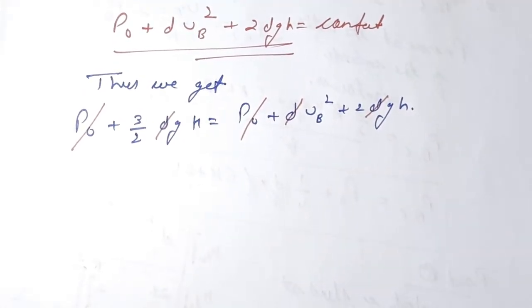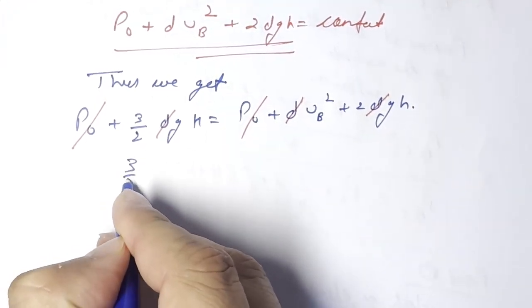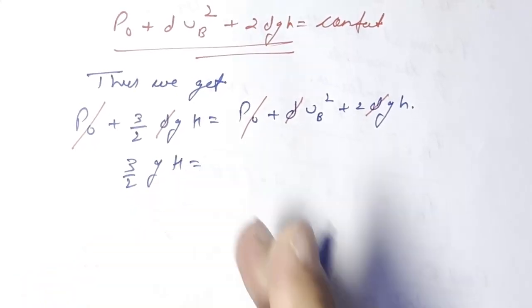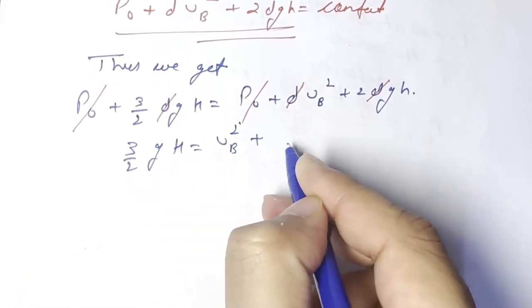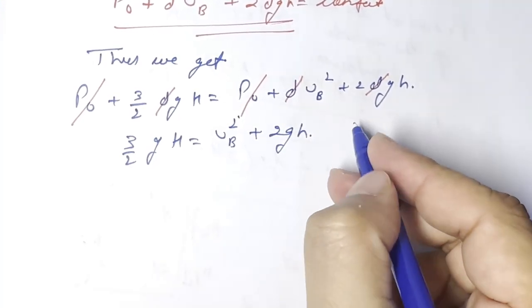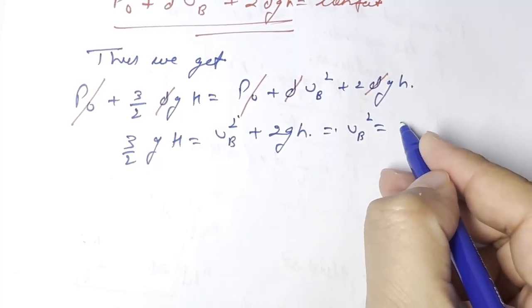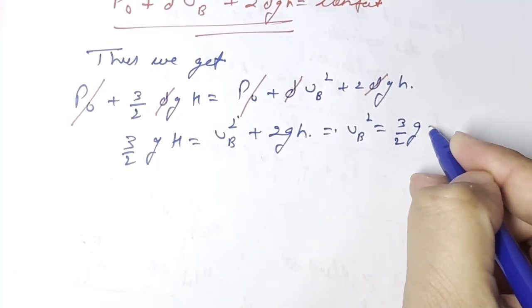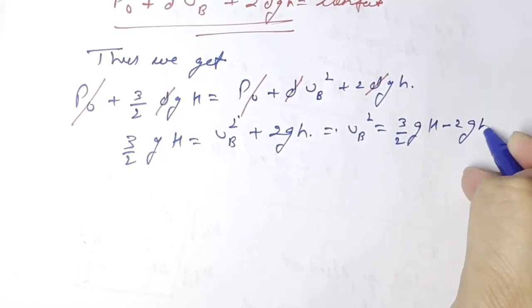So we are left with 3 by 2 gh equal to vb square plus 2gh, and this can be written as vb square will be equal to 3 by 2 gh minus 2gh.